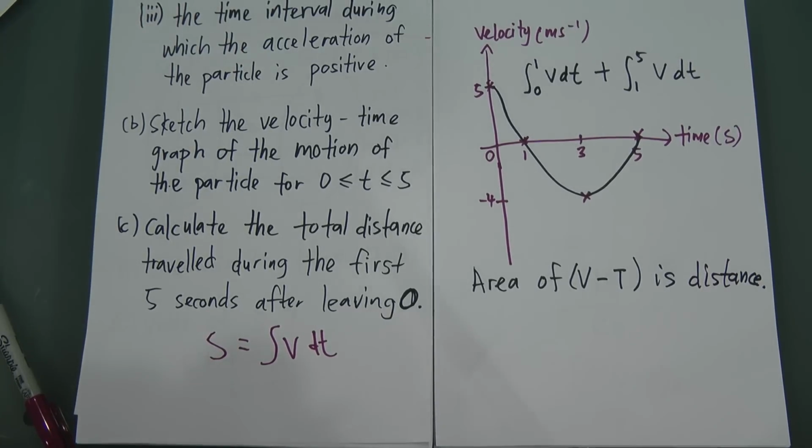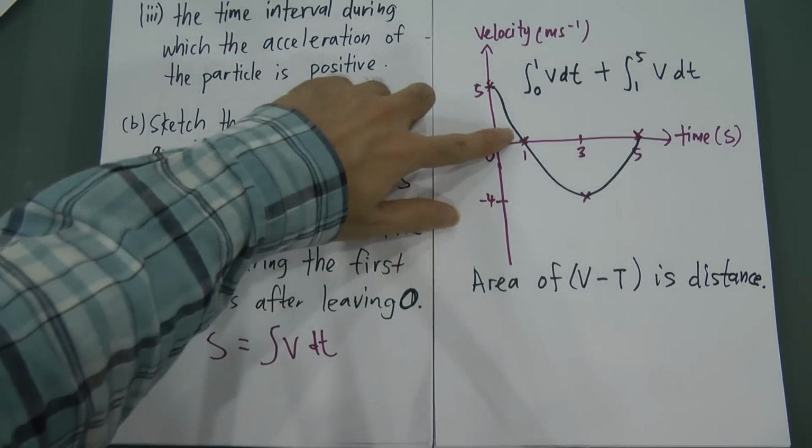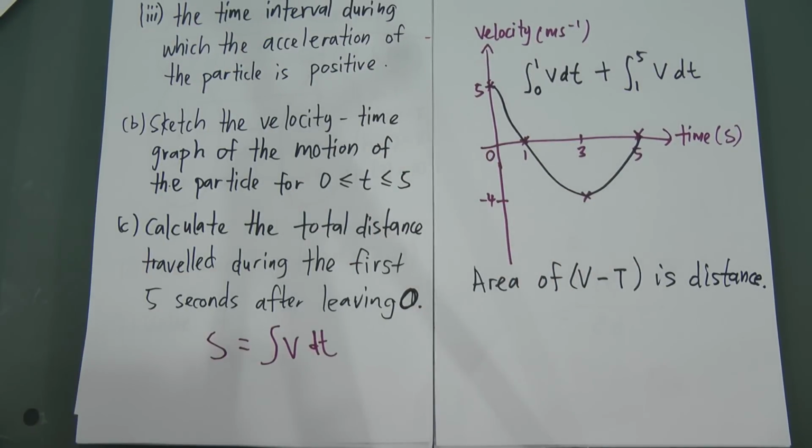Then I will get the total distance. Remember, positive area and negative area must be integrated separately if you want to get the correct answer.